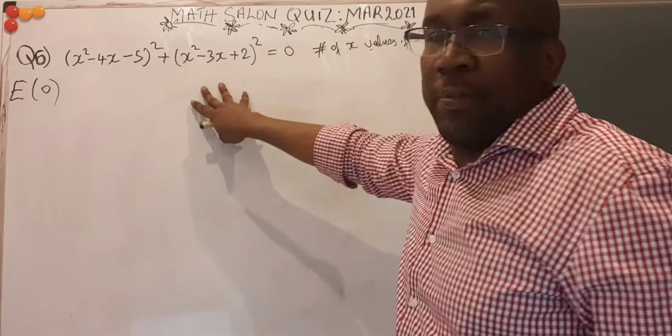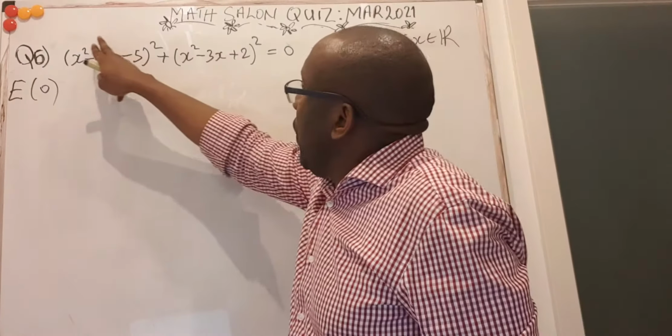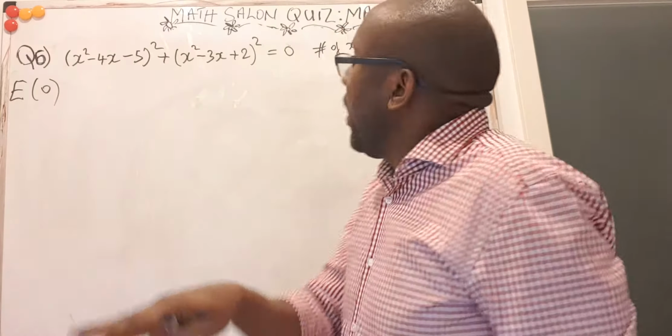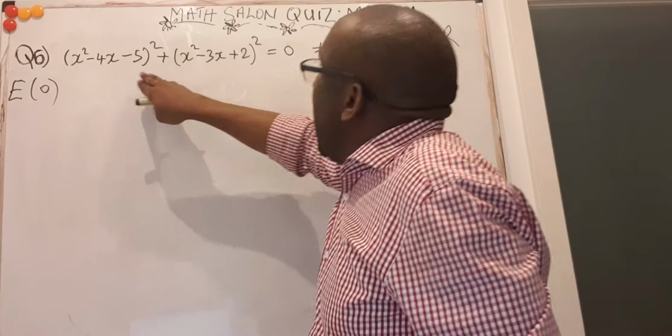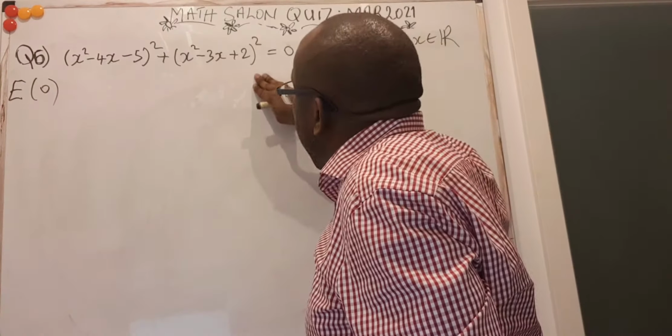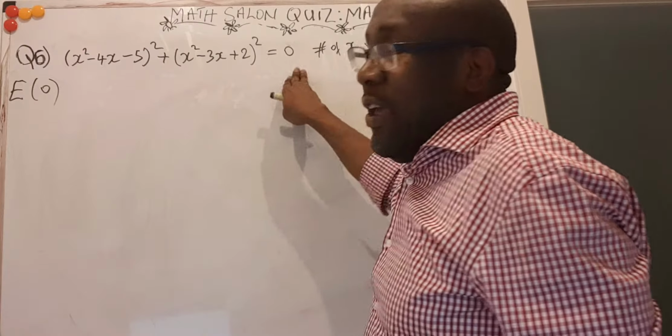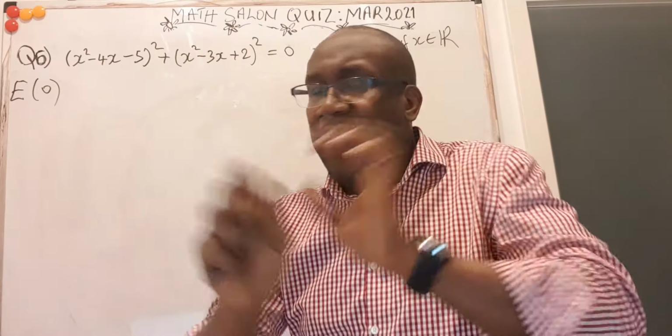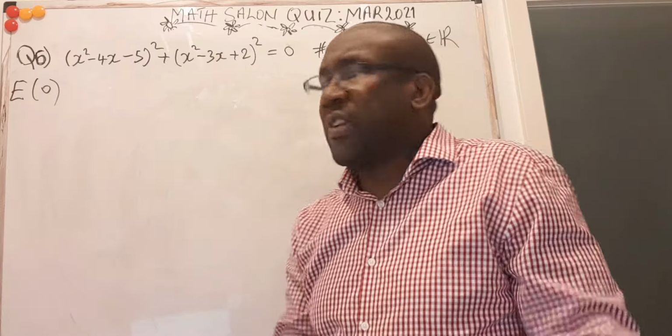The skill here was supposed to be that whenever you square a number, it's positive. If I square a number and I add it to another number that is squared and I get 0, it means that is only possible if the numbers are 0. Otherwise, it's not possible.